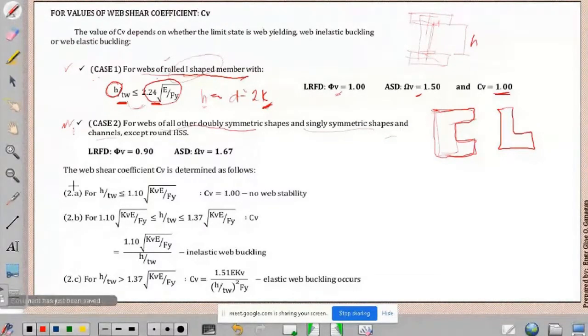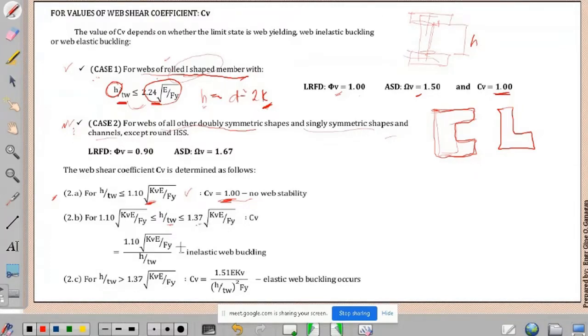So meron tayong tatlo dito. Yung una, pag ang width thickness ratio natin is less than dito sa equation, pag pumasok dito, ang CV natin is 1.0. Okay? So pagka hindi siya pumasok dito, i-check ninyo kung yung width thickness ratio natin is mas maliit sa 1.37 the square root of KV times E over Fy, or mas malaki siya.